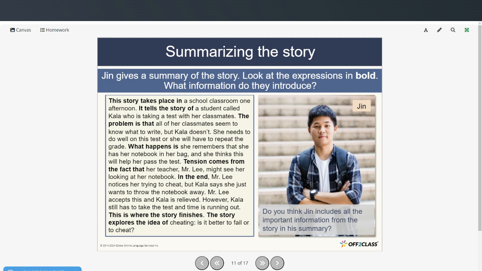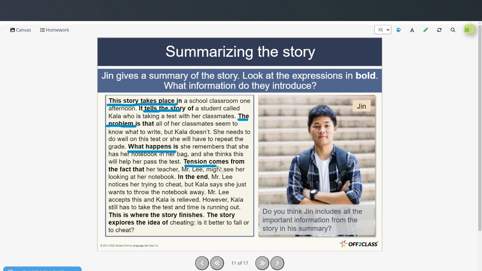So the information that the expressions in bold give: the story takes place, that relates to setting. Tells the story, that's the plot. The problem is, that's conflict. What happens, that's more plot.